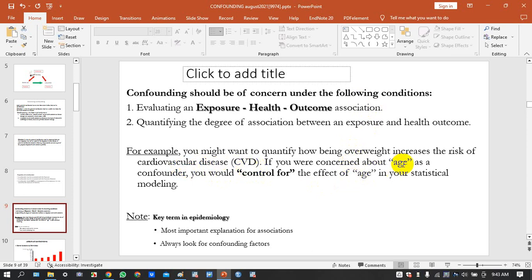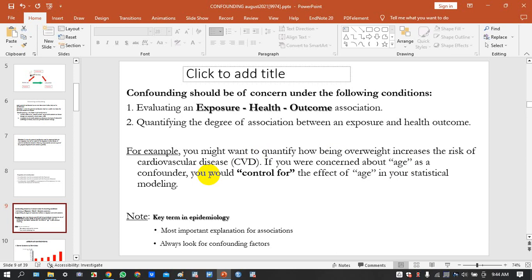So that is age, because we know that if you are obese, you are overweight, and you are also grown up, you are more likely to have cardiovascular disease, heart diseases, because heart diseases are associated with what? Aging. A young boy or girl who is very fat may not necessarily have cardiovascular disease.